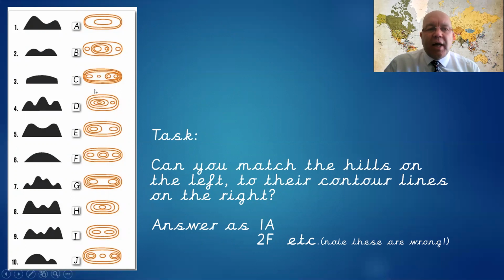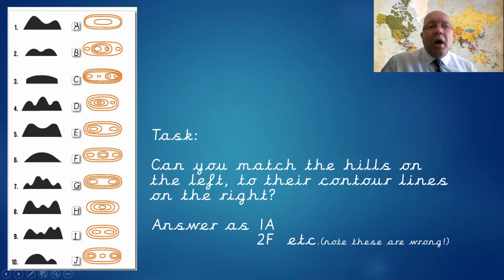Which of these contour lines matches these shapes of hills? You don't need to draw anything. All you need to write is 1A, 2F, 3C, 4D, whatever you think. Now, those are incorrect. Do not copy 1A, 2F. They're the wrong answers. But that's all you need to do as far as your answers are concerned.